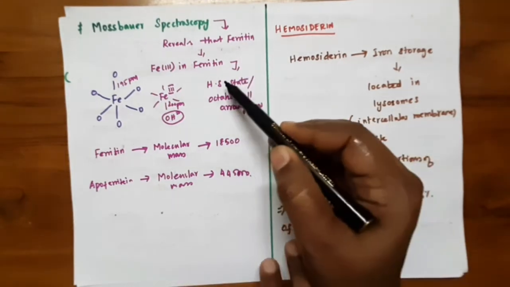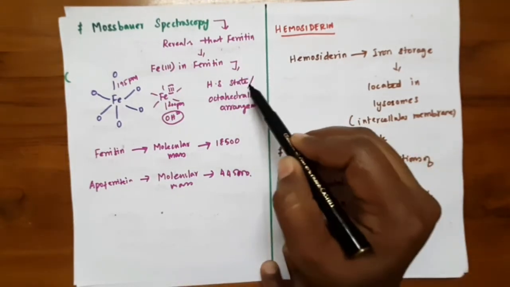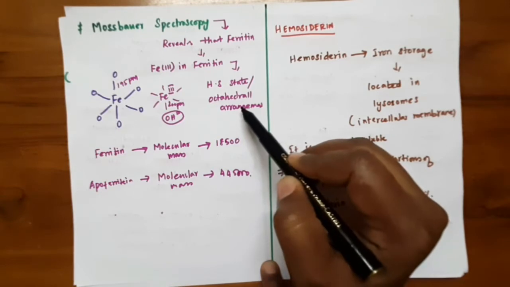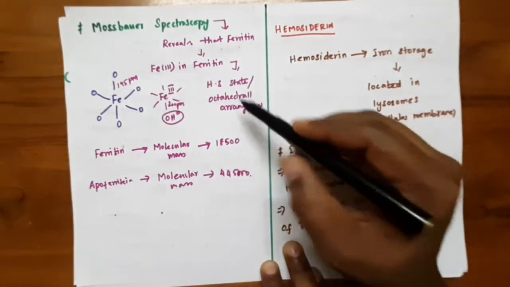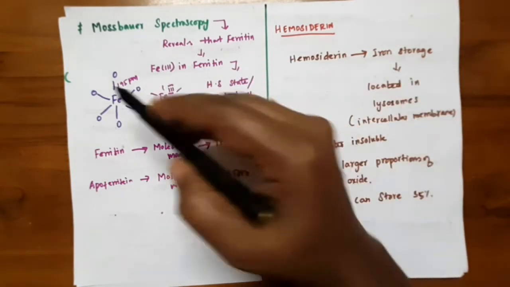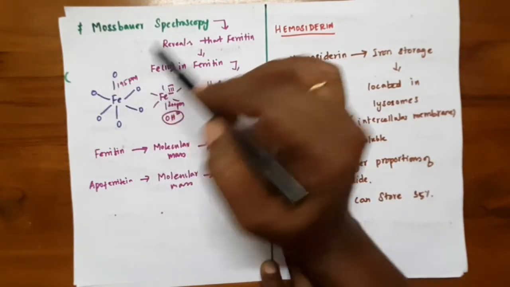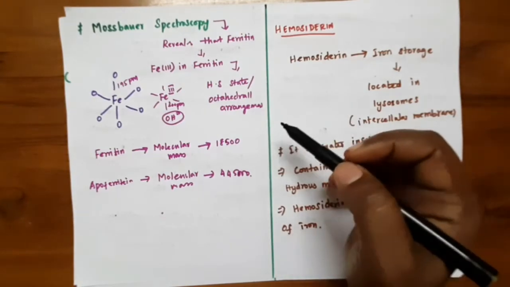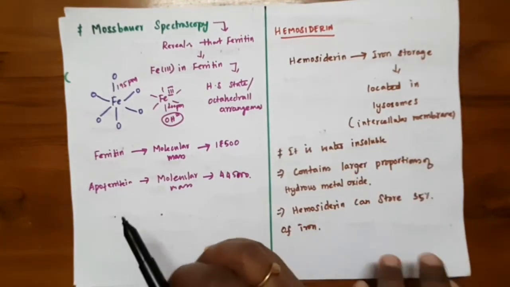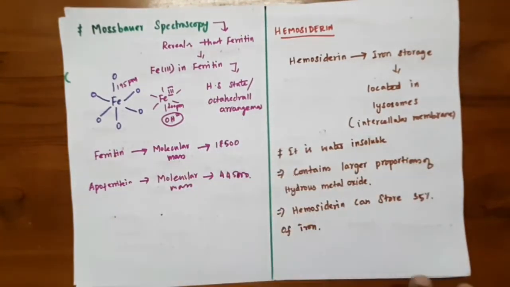This ferritin is in the high spin state and has a perfect octahedral arrangement, because all the bond distances of oxygen with the iron are very similar. This was revealed by the spectroscopy.